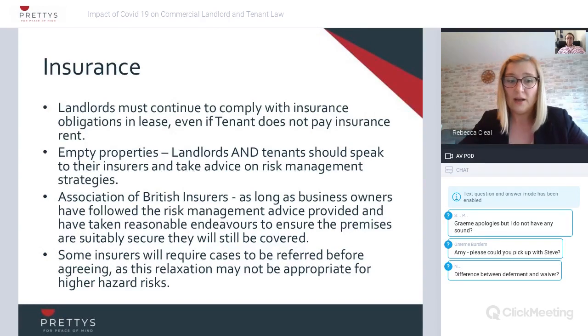But I must stress this, it's on a case-by-case basis. So where you have a specific property that is perhaps high risk, if you've got flammable materials, gas bottles, specific equipment, that kind of thing, don't just automatically assume that that's going to be the case. It's something that you need to speak to your insurer about on a case-by-case basis.